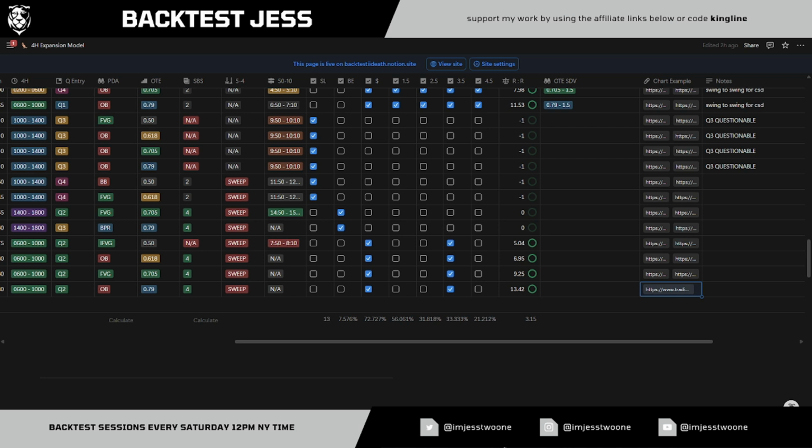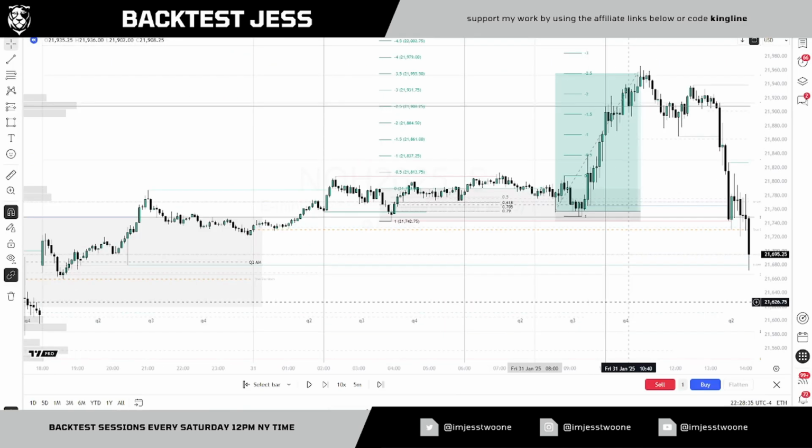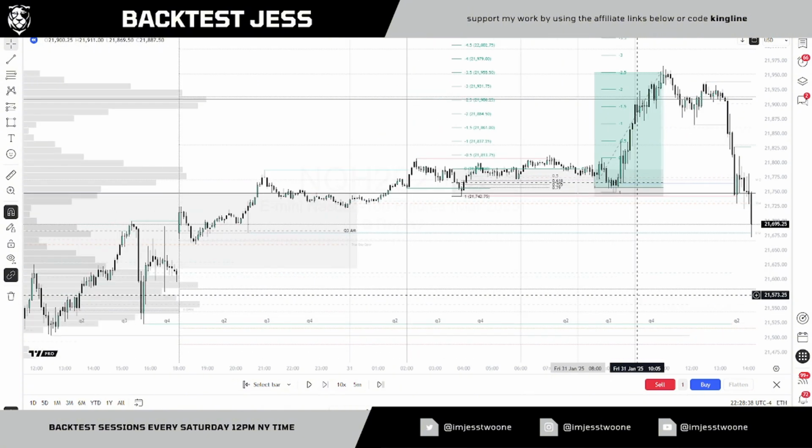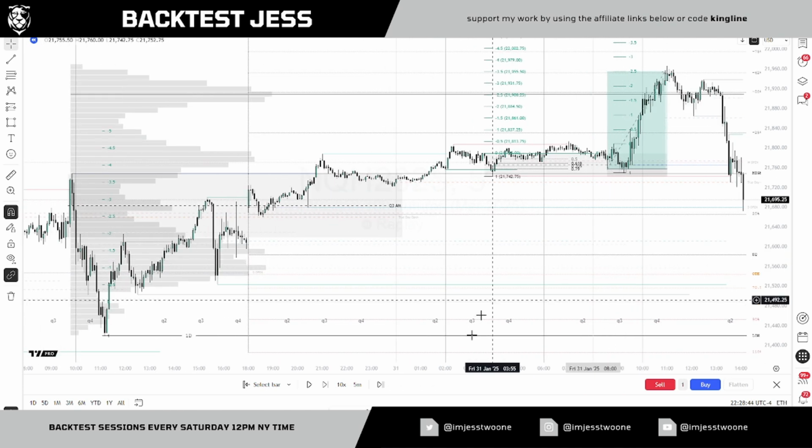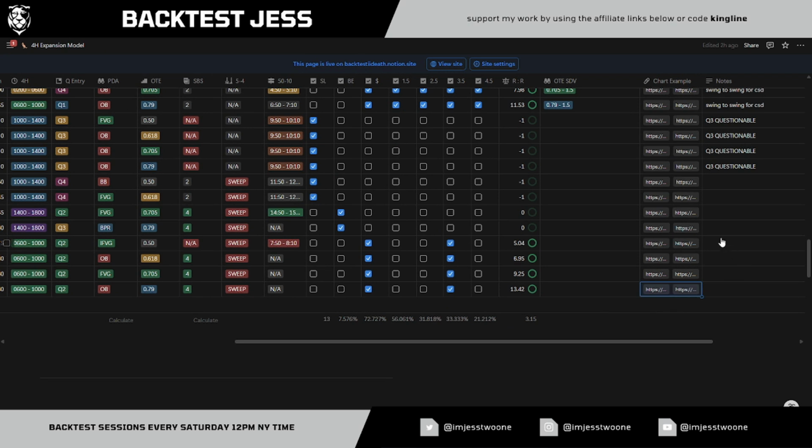It's nice. Okay. Do I have any notes on this one? My main note is that it was a retest of previous day high, actually. Yeah. Following the bullish narrative.